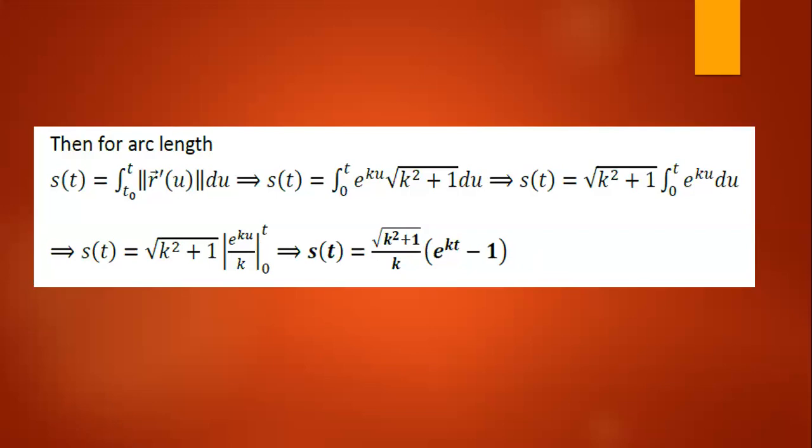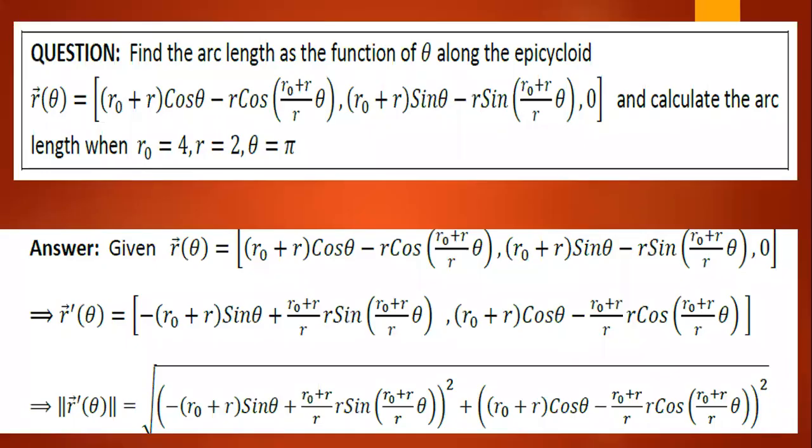Now, question number 2. There is a somewhat different question. Find the arc length as a function of theta along the epicycloid. r of theta is equal to this one. There are three terms.